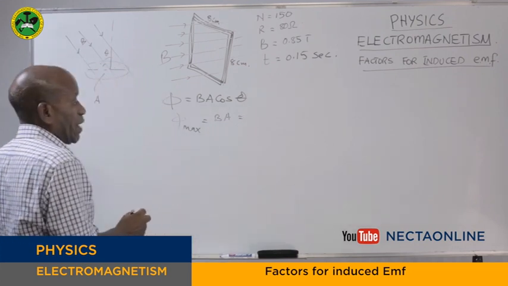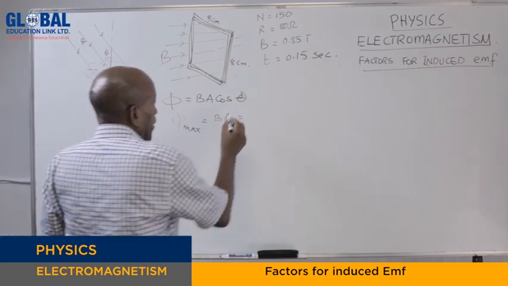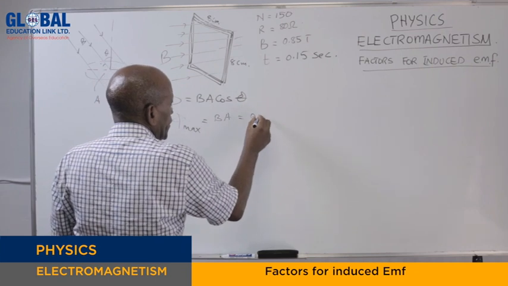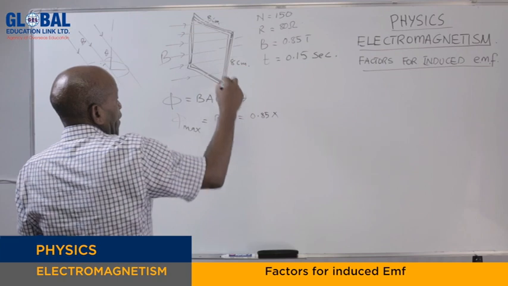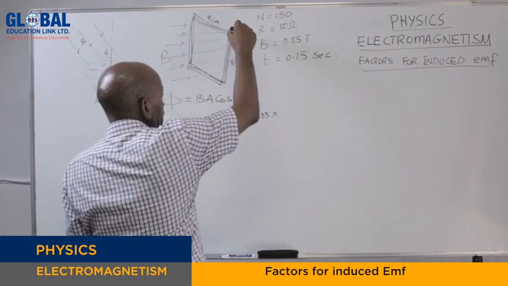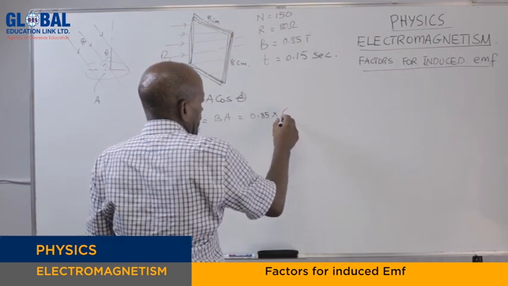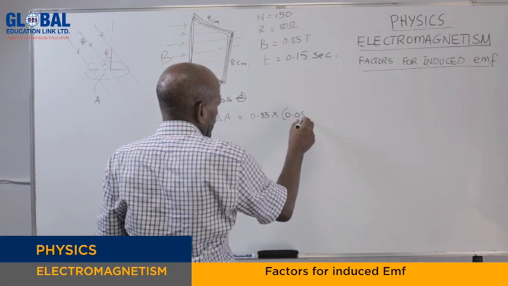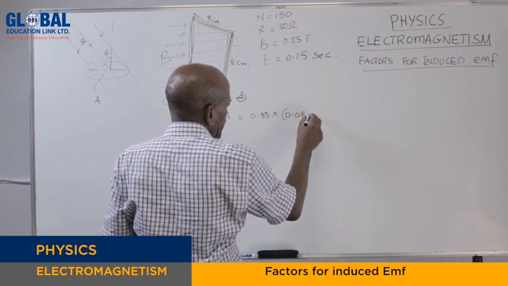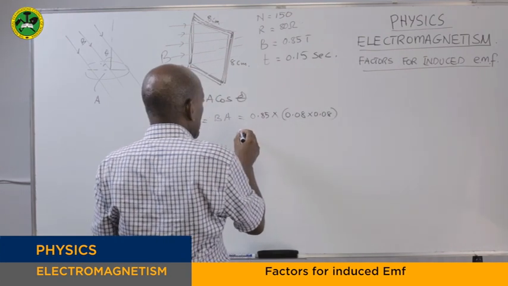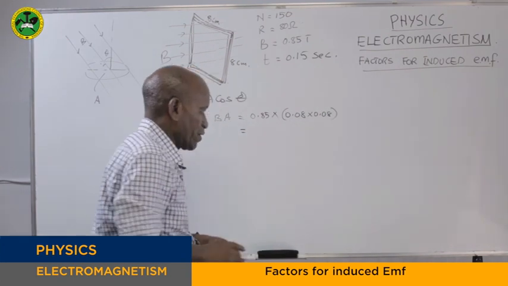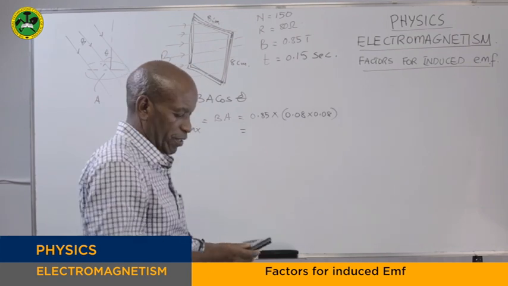And for this magnetic flux, B is 0.85, and the area is 0.08 meter times 0.08 meter. So we are going to get the magnetic flux, which can just be computed.